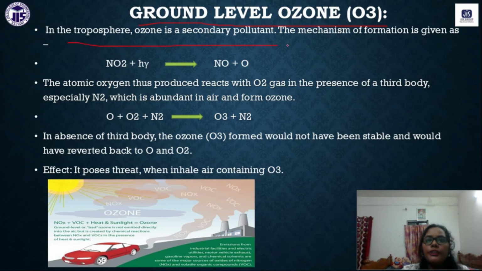In the troposphere, ozone is generally produced from nitrogen dioxide with the help of light energy. Generally nitric oxide and an oxygen atom are produced, and then this oxygen atom, with the help of a nitrogen and oxygen molecule, forms ozone and nitrogen.